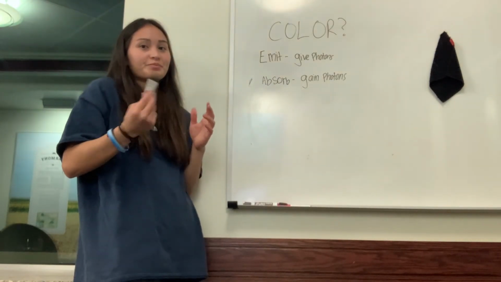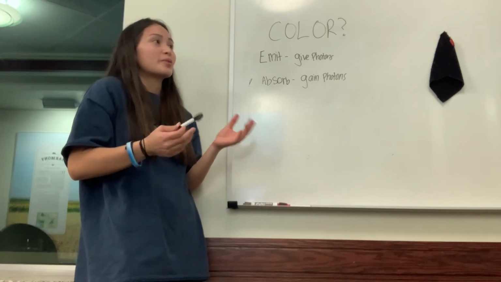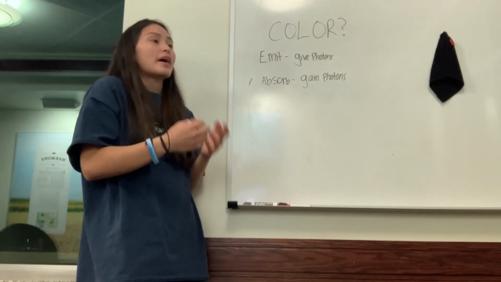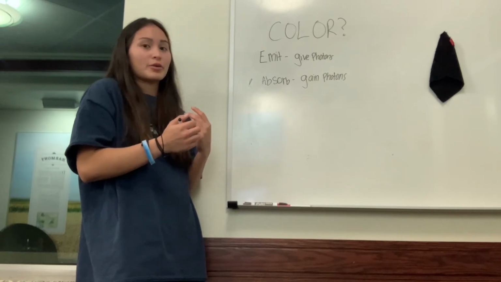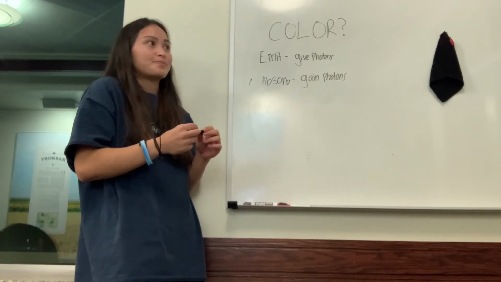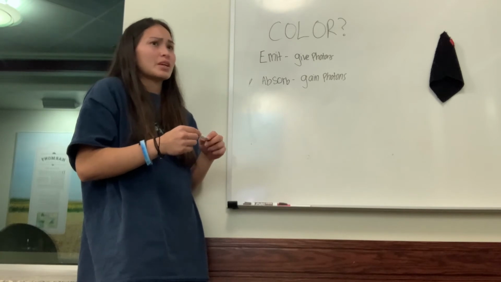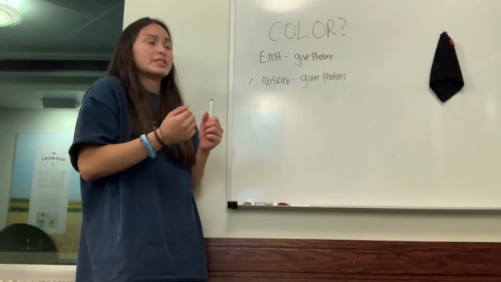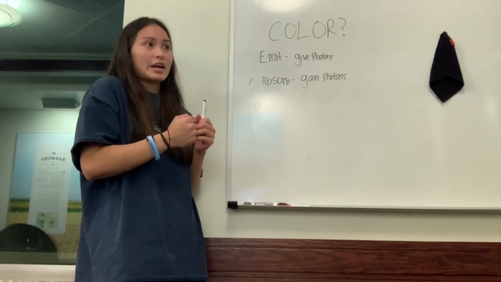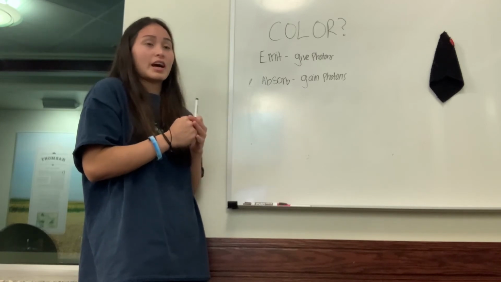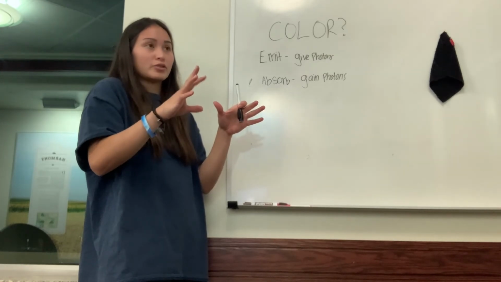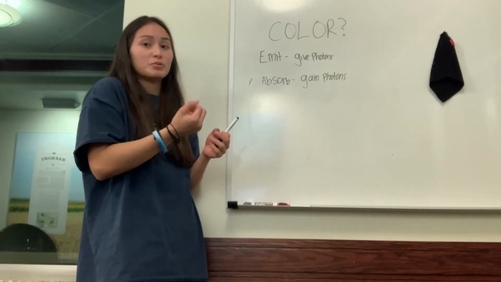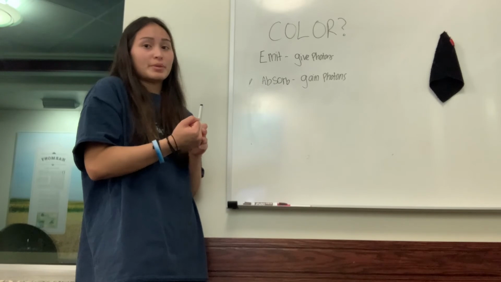Sometimes everything is being absorbed at a certain wavelength except for one color. So for example, if I see the color green, that could also mean that the thing I'm seeing is just reflecting that color. All the other colors in the rainbow are being absorbed, but the color green is being reflected off of that thing.